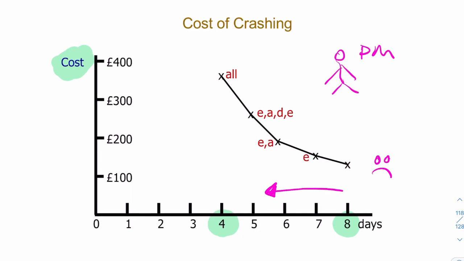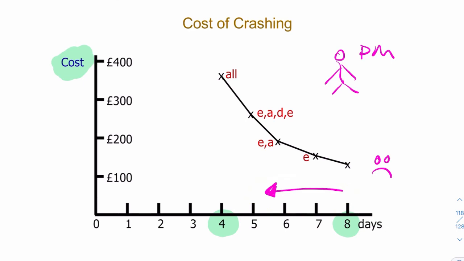They can either prune, fast track, or crash. So let's say they end up needing to crash. That means they need to spend a lot of money. How much money they spend really depends on how much time they want to save.